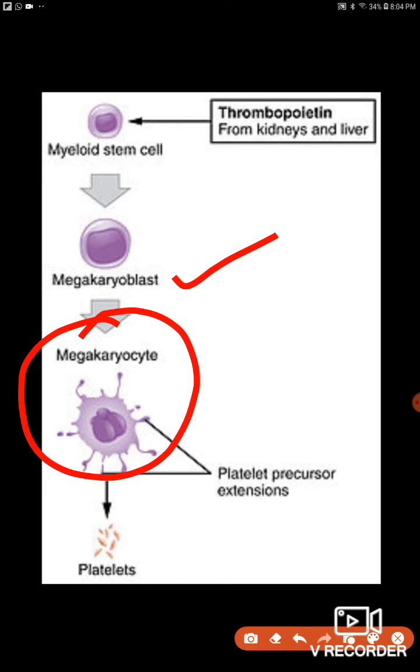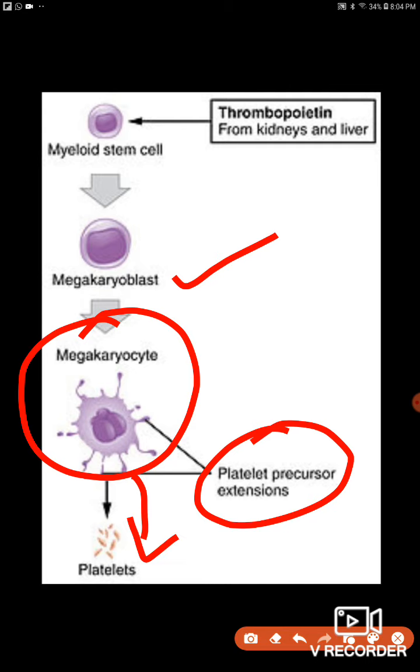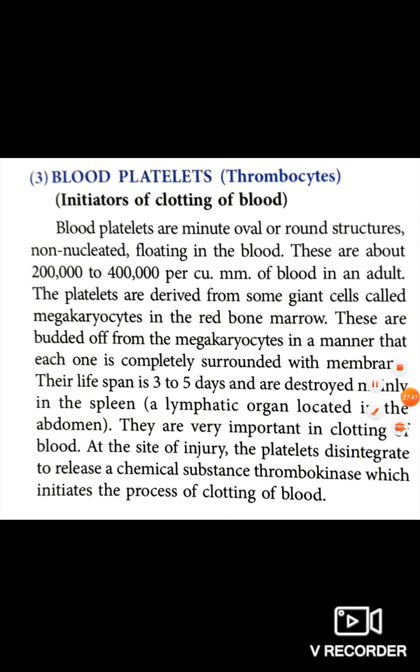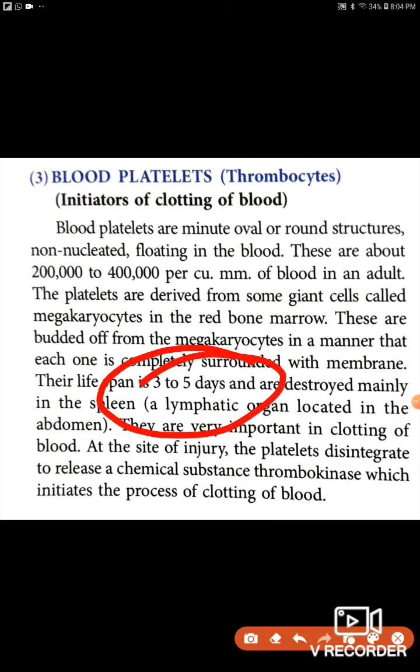These are known as platelet precursor cells, and they produce platelets in our body. The average lifespan of platelets is only 3 to 5 days, and they are destroyed mainly in the spleen. As you know, the spleen is considered the graveyard of the cellular content of blood.